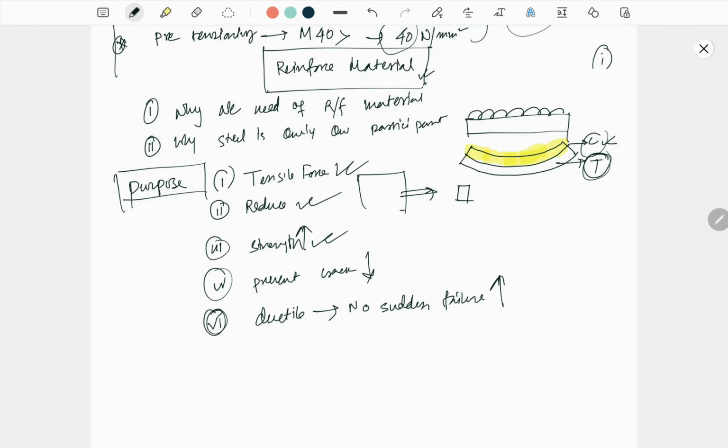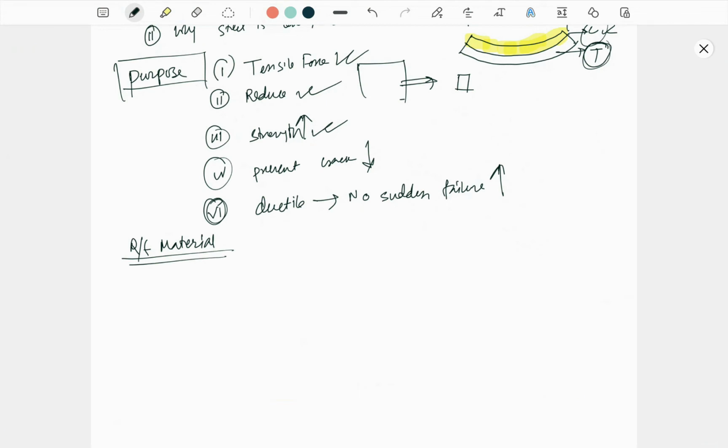Now we talk about why reinforced material is needed. Why not other material? Number one, these kinds of reinforced material are good in tension. So our first point is satisfied.